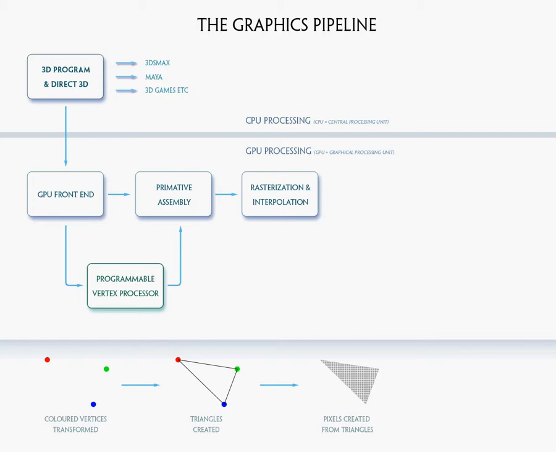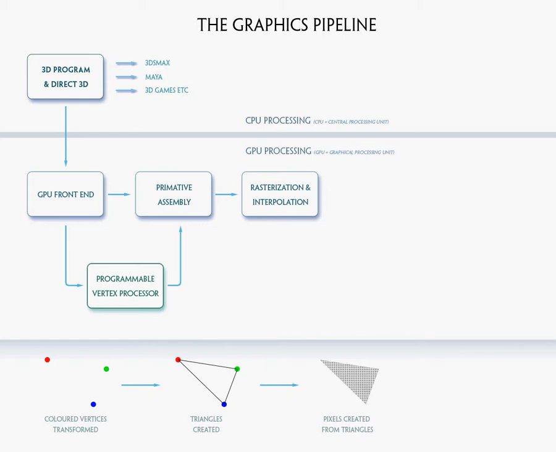This step is a little bit like taking something from Illustrator into Photoshop, where in Illustrator we're talking about lines and points, and in Photoshop we're talking about individual pixels. So the rasterization and interpolation unit on the graphics chip is doing that automatically. Basically, it's taking the triangles, converting them into pixels.